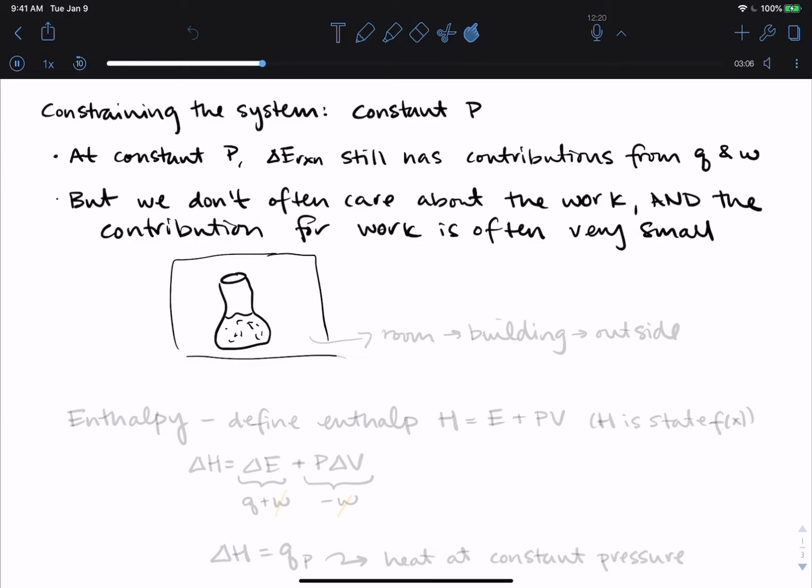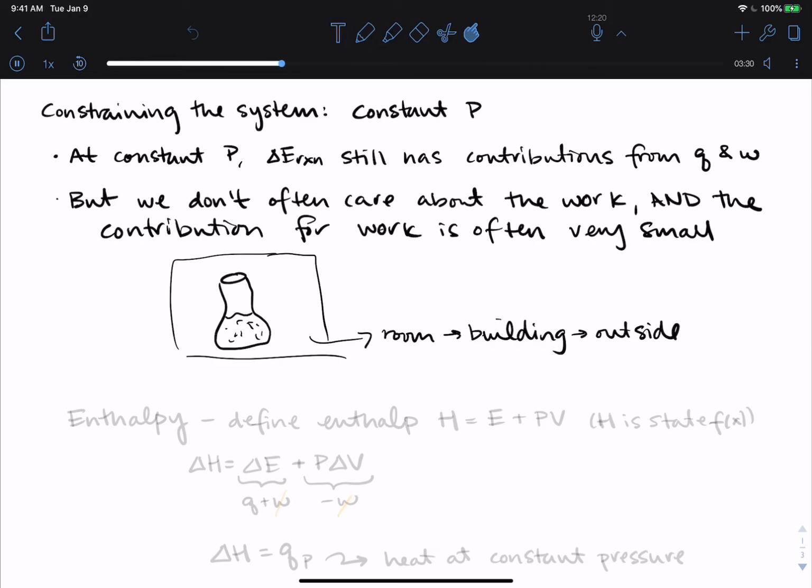Okay, that's some volume, but your fume hood is open to the classroom, and the classroom is open to the whole building. Even if we have the door shut, there are cracks around it, so that volume isn't a fixed value in terms of where gases can go. And the building is open to the outside.